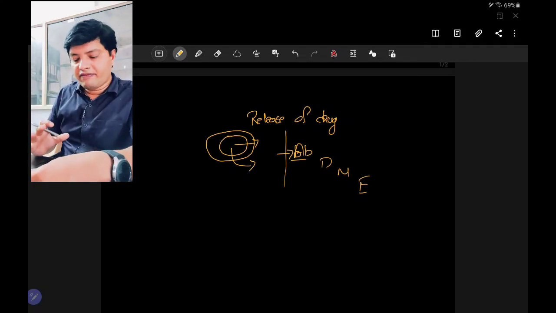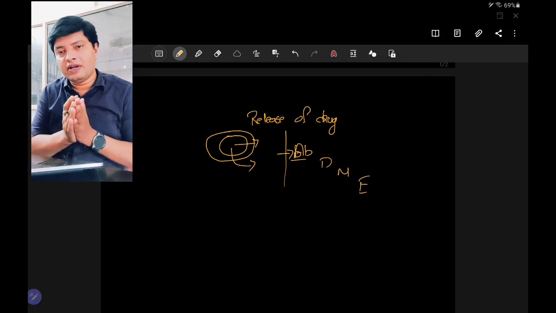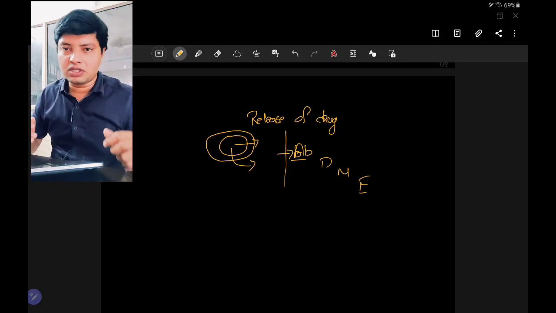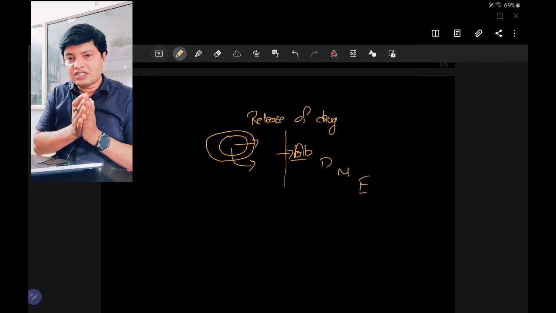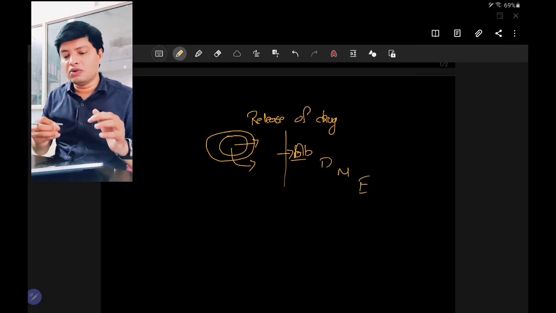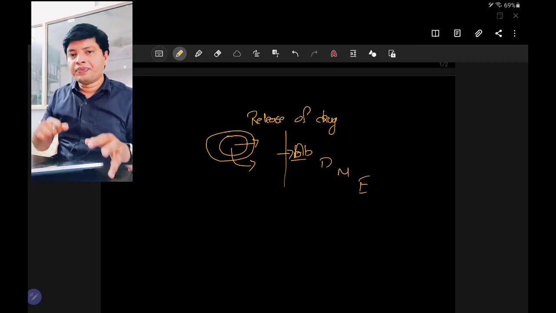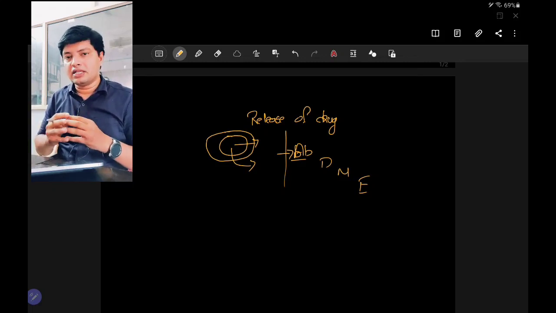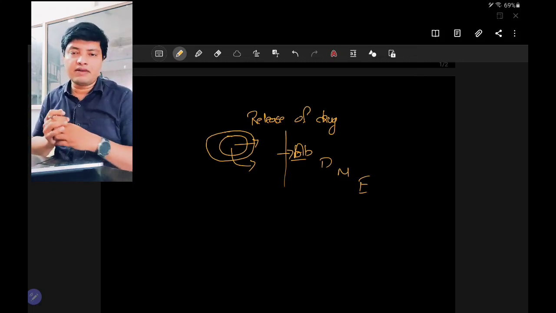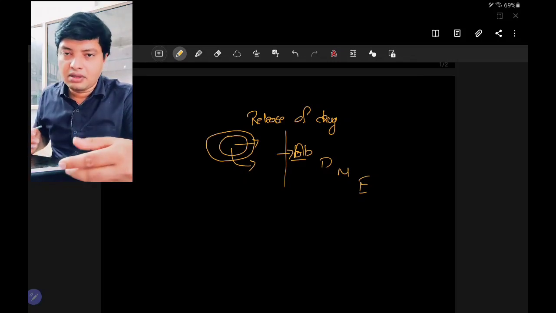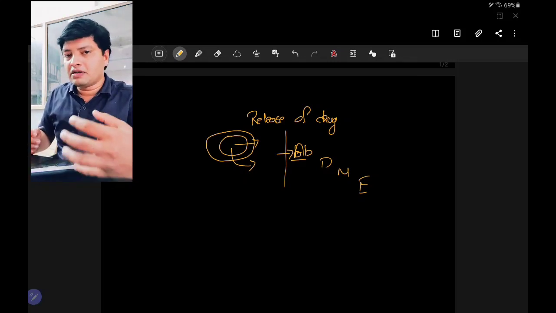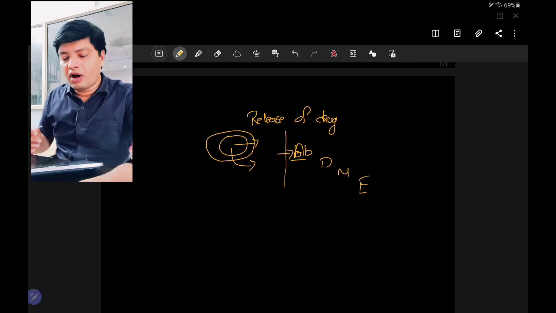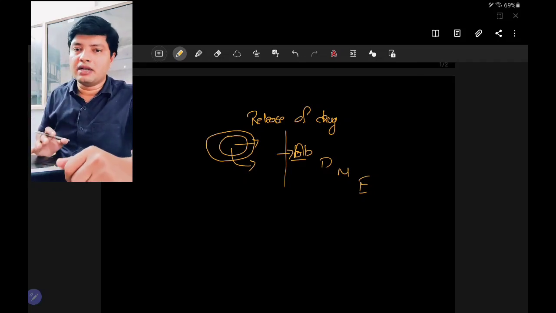So remember, while writing the factors, the control which you have in your hand is release of the drug from the dosage form. So what are the factors affecting release of the drug from the dosage form? We will study that here. Then what are the factors affecting biologically? We are going to study that too, meaning what drug candidate is good to select, and what properties of drugs are good for designing controlled drug delivery.